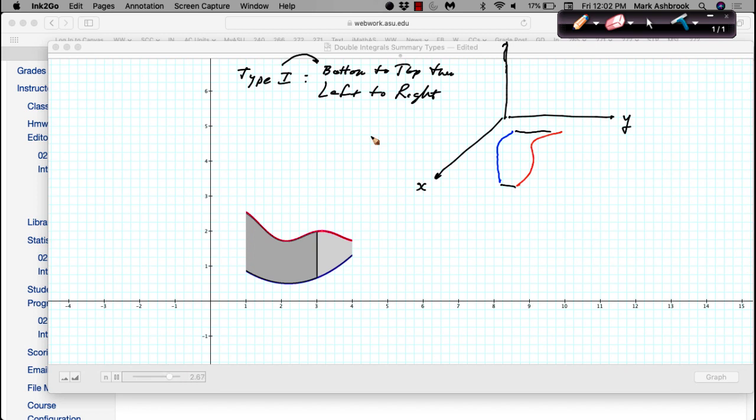If the whole bottom is defined by one function and the whole top by one function, then we can do it as one double integral. But if either the bottom or the top is split up into two different functions, that will force us to split it up and add together double integrals. What else? There's a whole another thing we haven't talked about here.